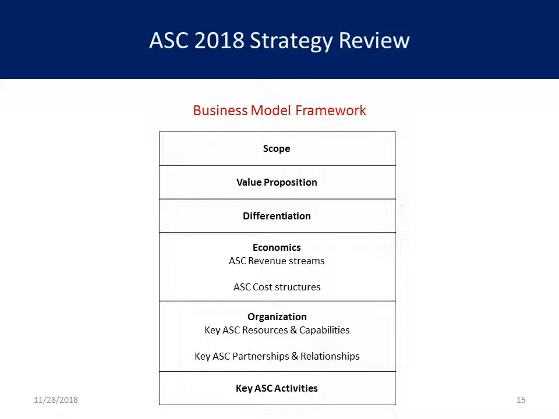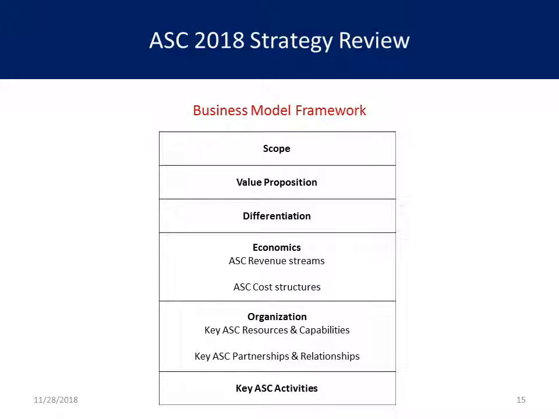When you have those things identified, then we have to think about the economics of the business model, and that is most importantly revenue streams. So how does the organization capture proceeds from the delivery of what it offers? So there are ASC revenue streams and ASC cost structures.